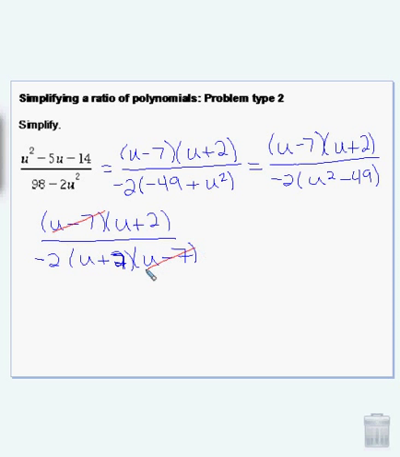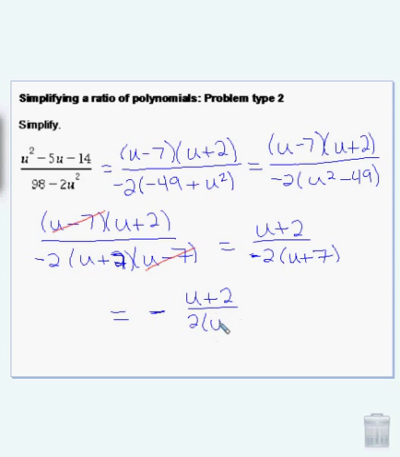These will cancel, leaving me with u plus 2 over negative 2 times u plus 7. Now, this negative in the denominator, that's not really proper, so we're going to move the negative out front. And now we're completely simplified.